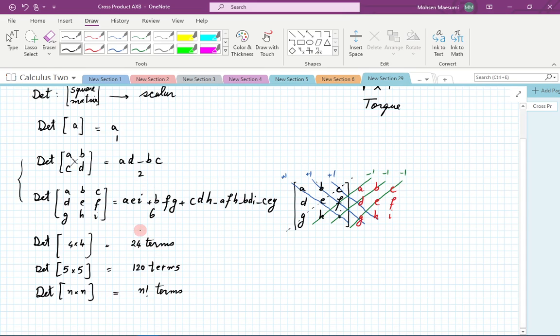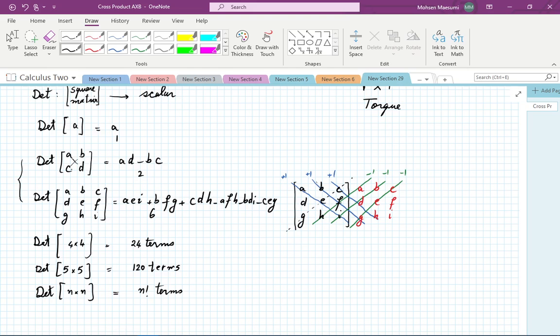Now it's possible for the entries of this matrix to be vectors themselves, meaning AB can be considered as a vector, CD can be considered as a vector, and so on. So let's go ahead and start with the concept of the cross product of 2 vectors.